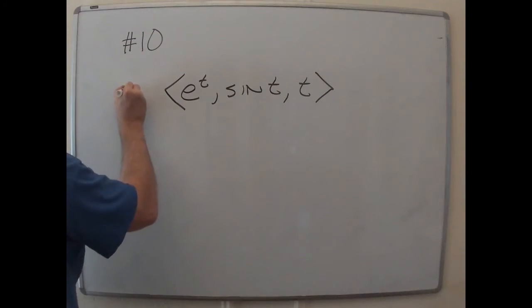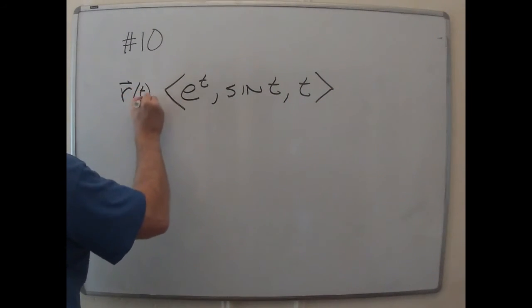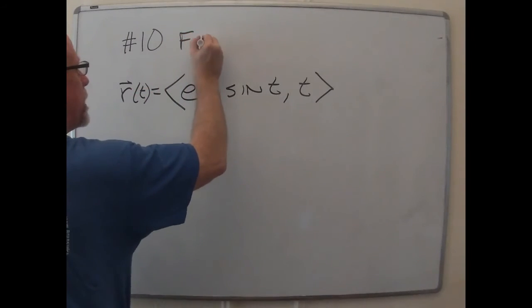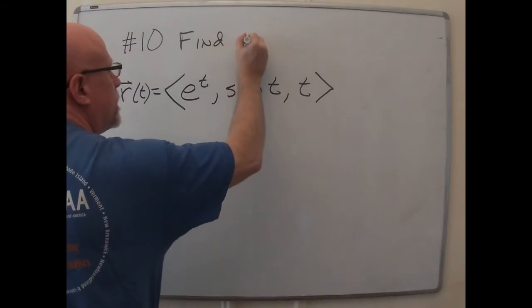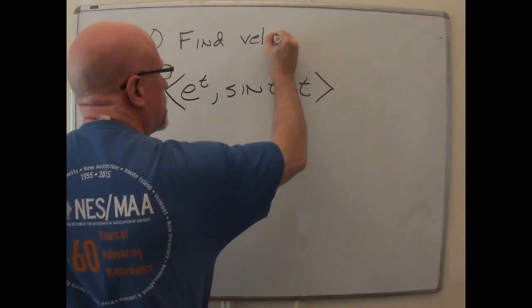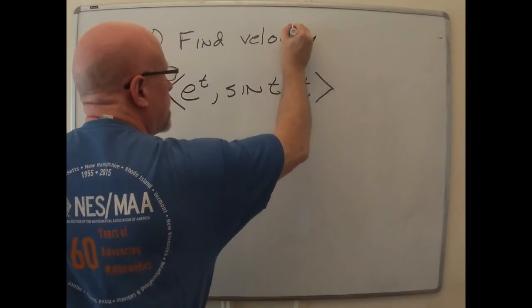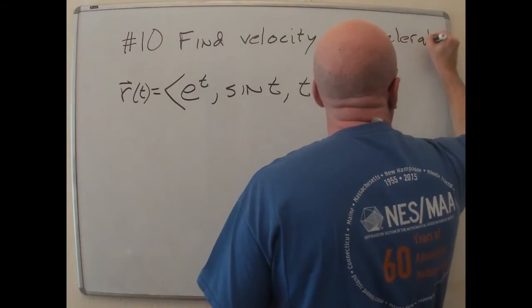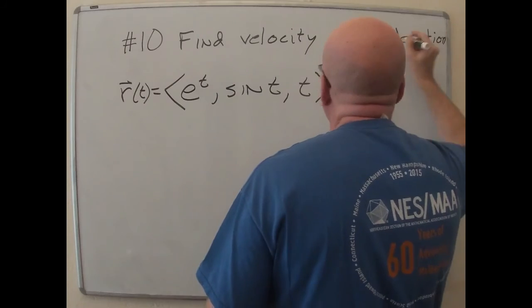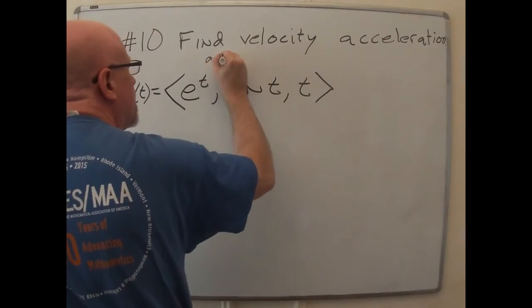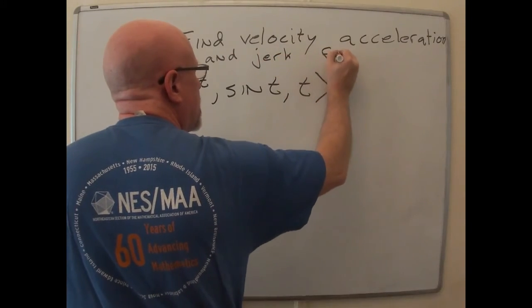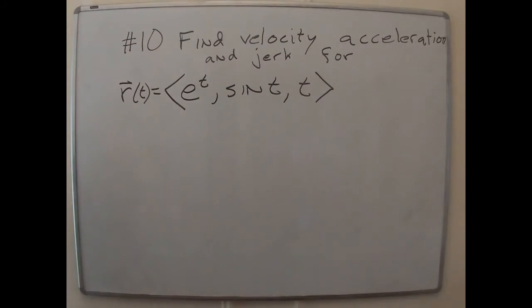That vector is r of t. And what it asked us to do was find velocity, acceleration, and jerk for the space curve.